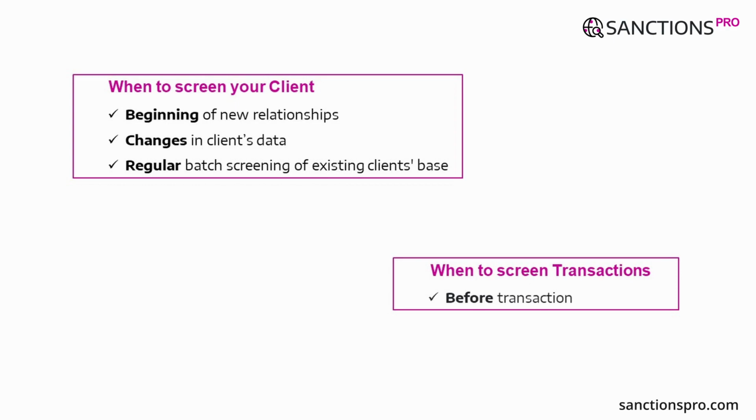You always have to screen this new information for persons related to sanctions restrictions. And from time to time you do so-called regular screening, or batch screening, of your whole customer base. You decide when you do this, weekly, daily, monthly, based on the risk levels you see in your client base and specific clients.